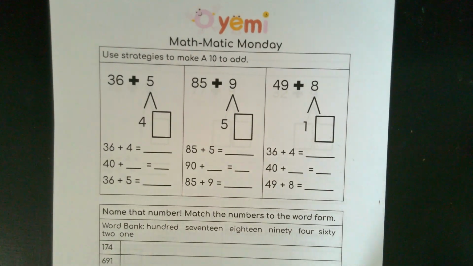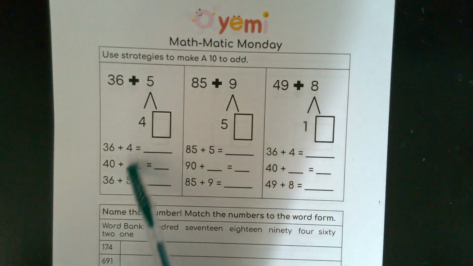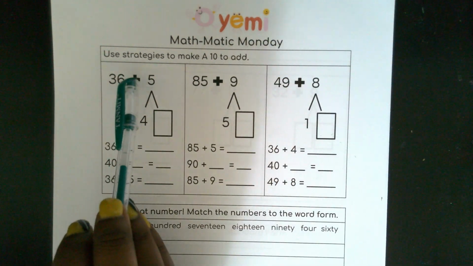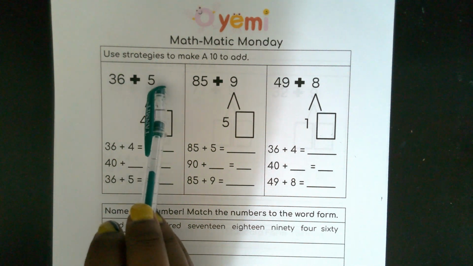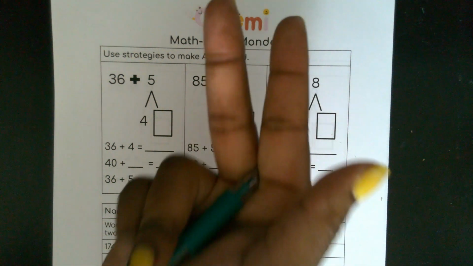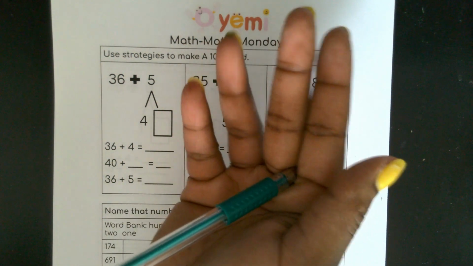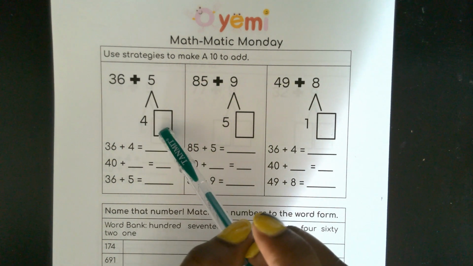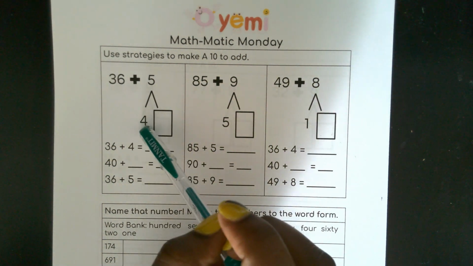we have our examples. There's a lot of fill in the blanks here. So for the first one, we have 36 plus 5. Now, of course, I could do 36 and count 37, 38, 39, and use my fingers to count up 5 times. Or I can use my knowledge about 10 to help me do this mentally.